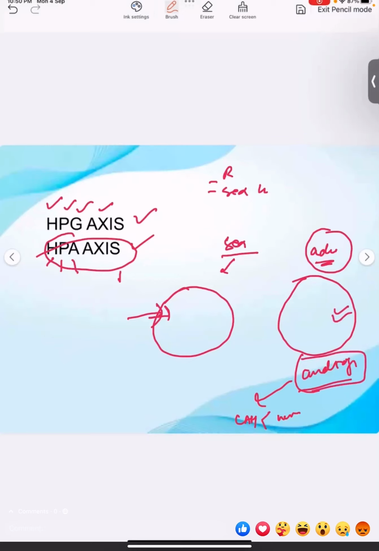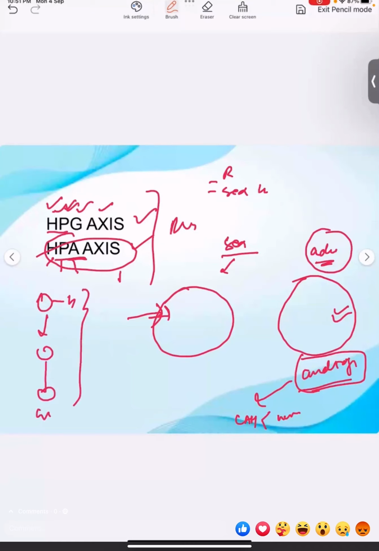So if you find any disturbance in the pituitary axis and in the adrenal axis, you may have signs of precocious puberty. If the problem goes hypothalamus, then pituitary, then gonads, it usually presents with isosexual characteristics.